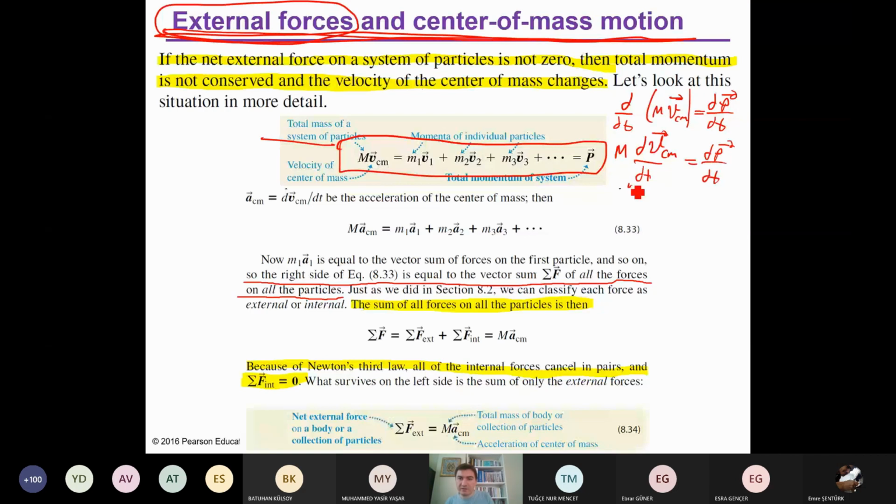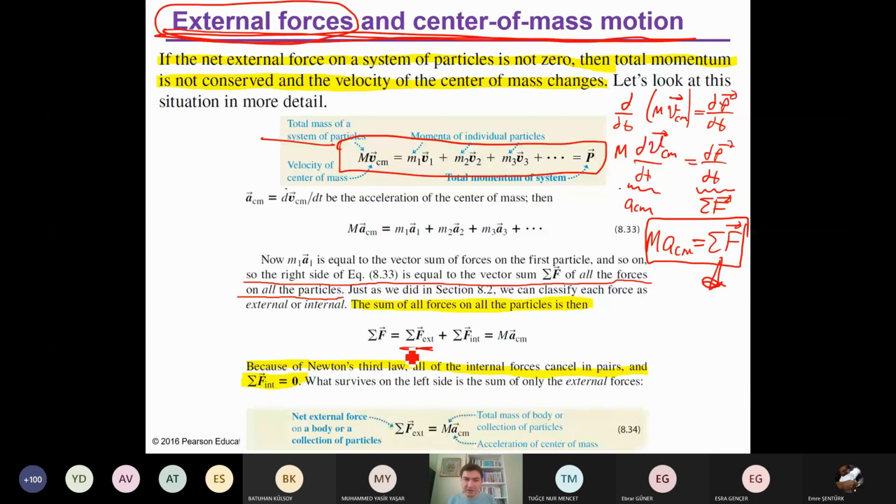What about this? This is the net force acting on the system, the change in the momentum. Then I can write this expression: M times a center of mass is equal to the net force acting on the system. What about this net force? The net force includes both external forces acting on the system and internal forces the particles within the system apply on each other.